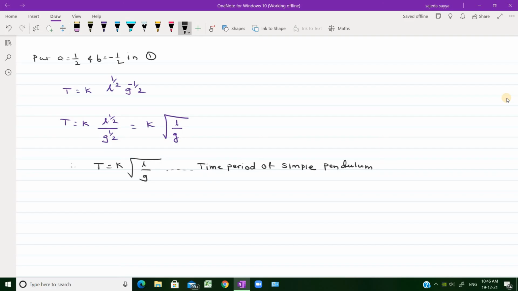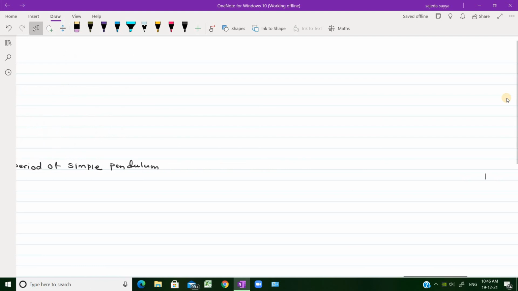Let us take one more example of it. Suppose we are given the dependence of pressure of the liquid column on the height of the liquid column, density of the liquid, and acceleration due to gravity of the position.